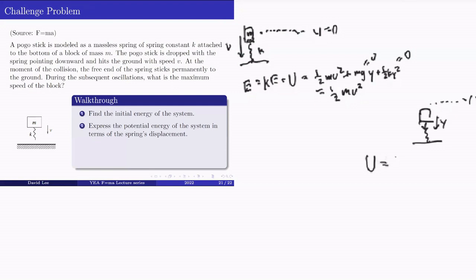Well, it's going to be 1/2 ky squared from the spring, and it's going to have an additional mgy from gravity. So this is just our expression for the potential energy.